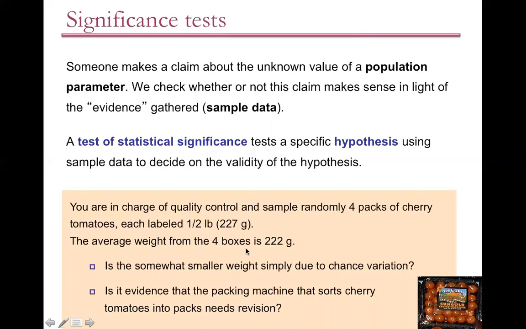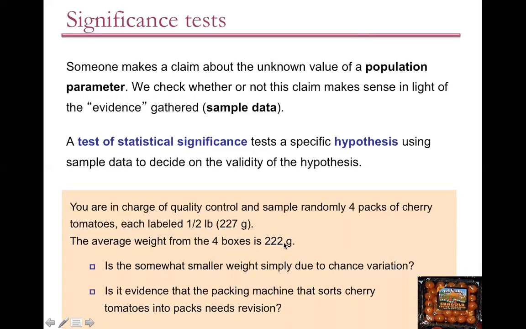The average weight, though, is only 222 grams for the 4 packs. So the problem that you would have as a quality control person is: am I packing my boxes of tomatoes that are supposed to be ½ pound, but are less than ½ pound? Am I cheating the customer? I need to know that.